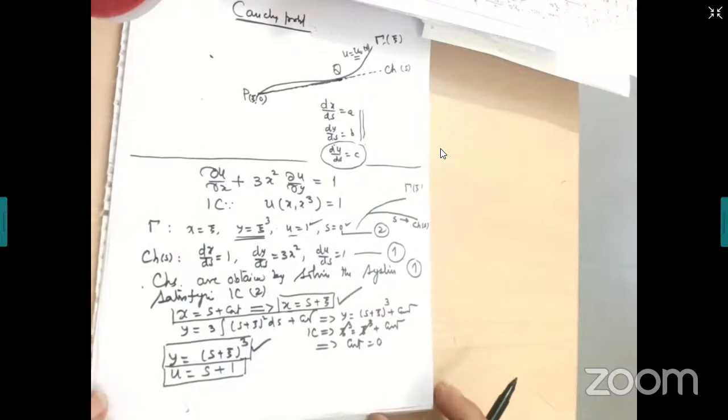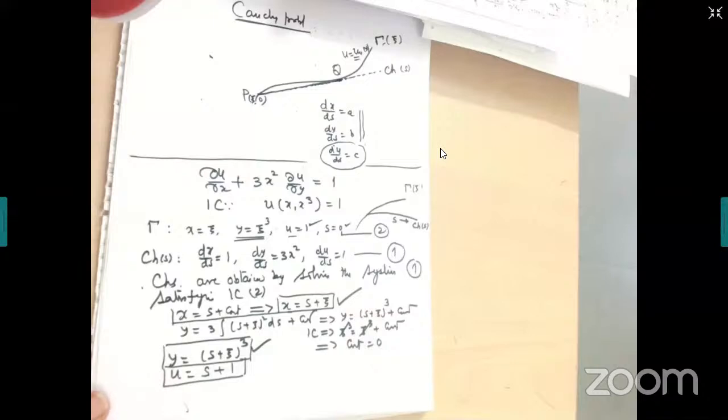Now, what was the next point in this analysis? The Jacobian of the transformation. That is extremely important, because it will tell us whether this determination is unique or not, whether the solution is unique or not.